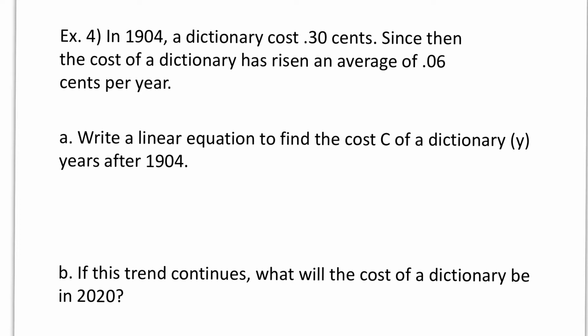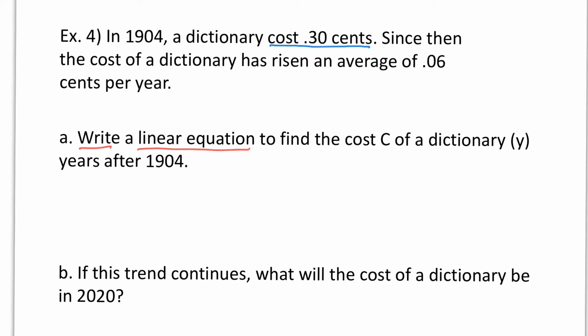Let's go ahead and write down the equation. So let me underline, write the linear equation. You have to understand the problem. What is going on in that example? So first, we know that in 1904, that's the year it started selling the dictionaries, the cost was 30 cents.